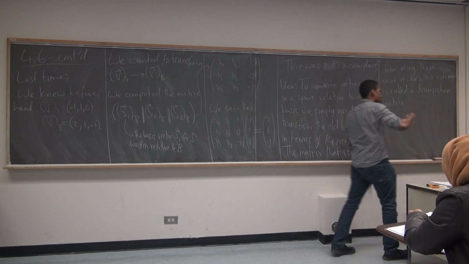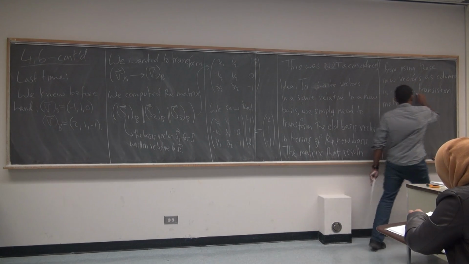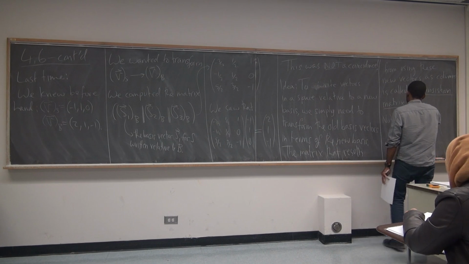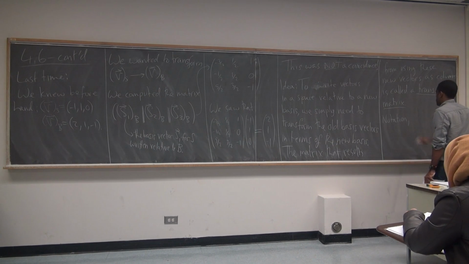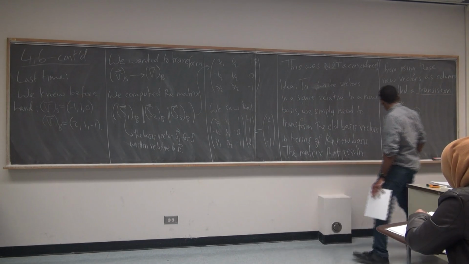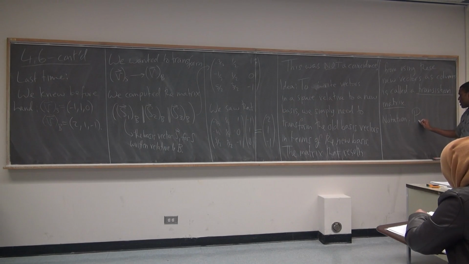Right? Because we transition from one basis to another. So it's called a transition matrix. The notation is something like this, P, and in this case we're going from S to B. You'd literally write down here subscript S arrow B. This is the transition matrix.